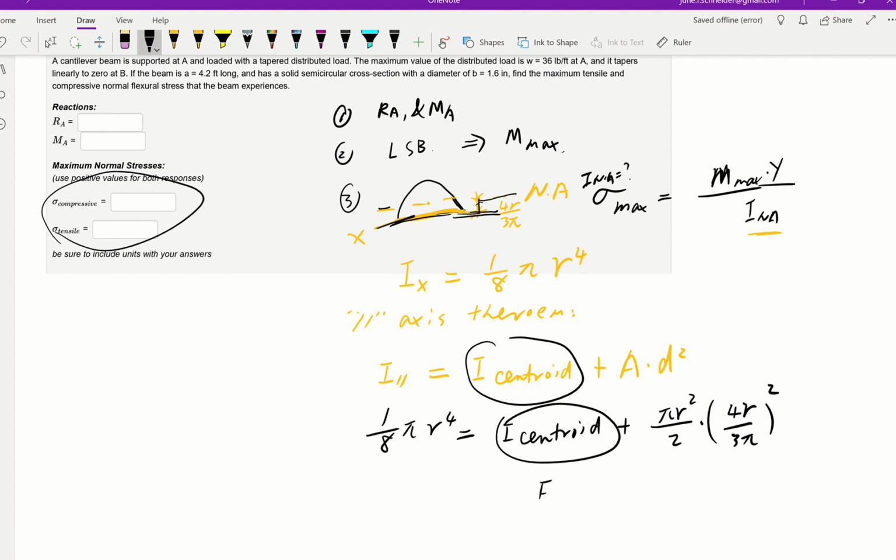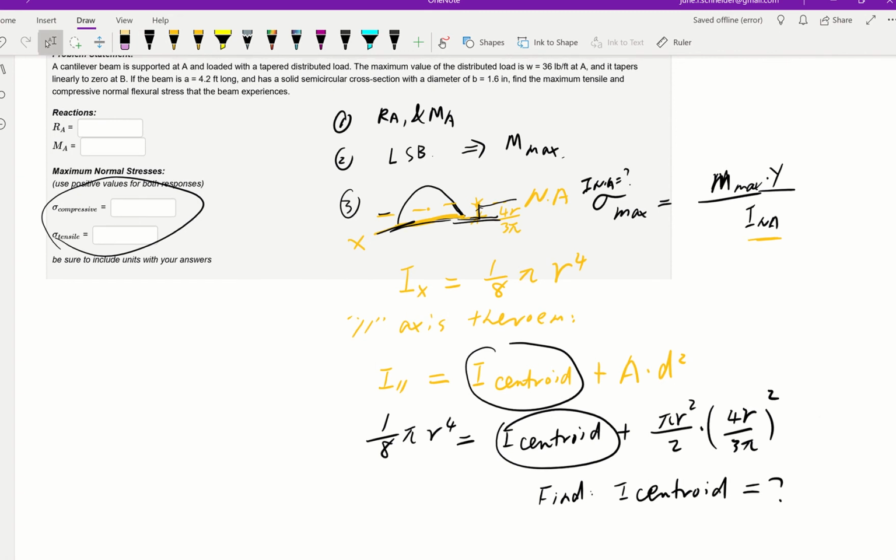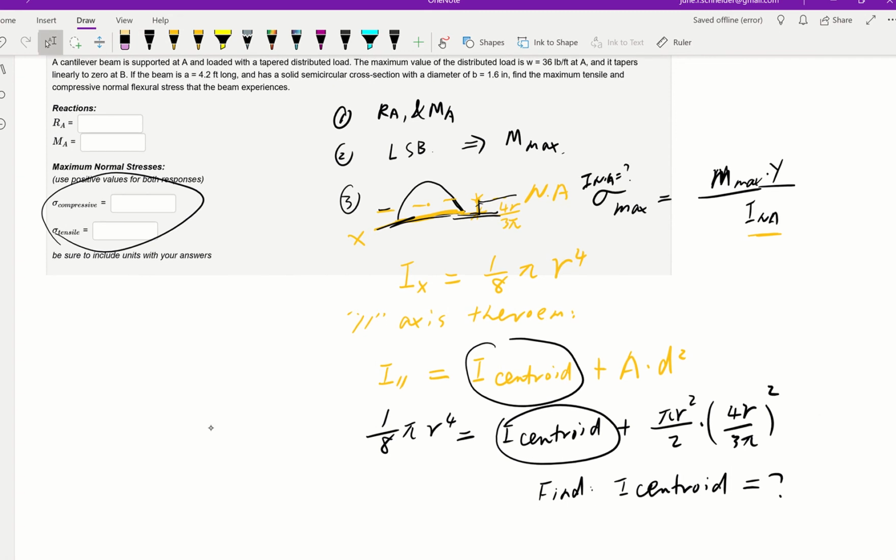That's the first step. You need to find I centroid. You might already have this formula written in your statics book. Once you have that, you bring it up to the bending flexural formula, because that's I neutral axis. Okay, so that's taken care of.